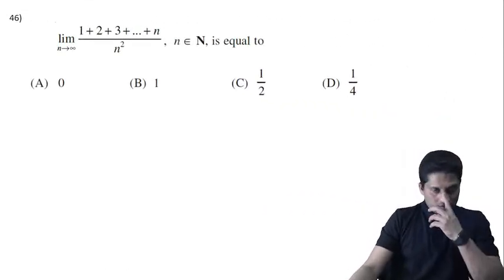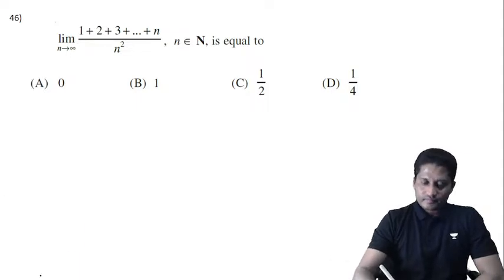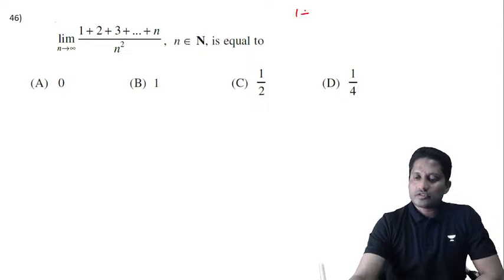Question number 46. See, we have done this in sequences and series. When you have 1 plus 2 plus 3 and so on up to n, sum of n natural numbers, the formula is n into n plus 1 by 2.